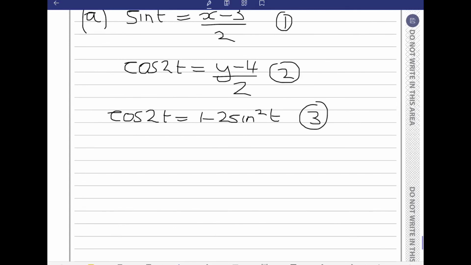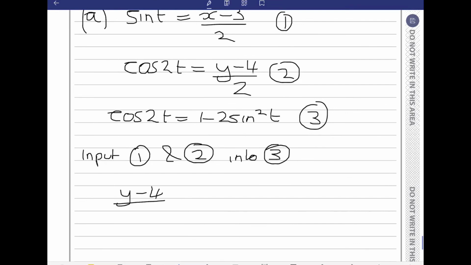We're going to input 1 and 2 into 3. So we know that cos 2t is (y minus 4) over 2, equals 1 minus 2 times ((x minus 3) over 2) squared.